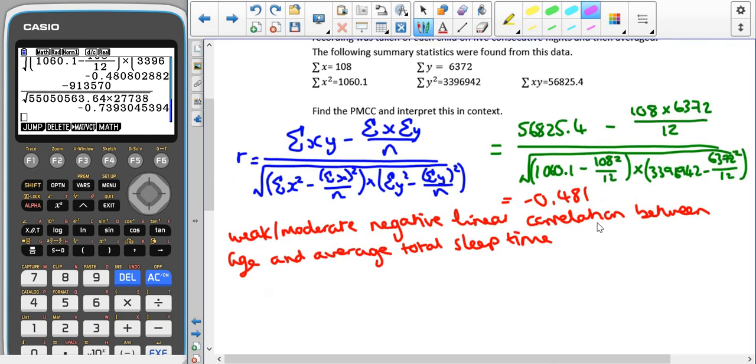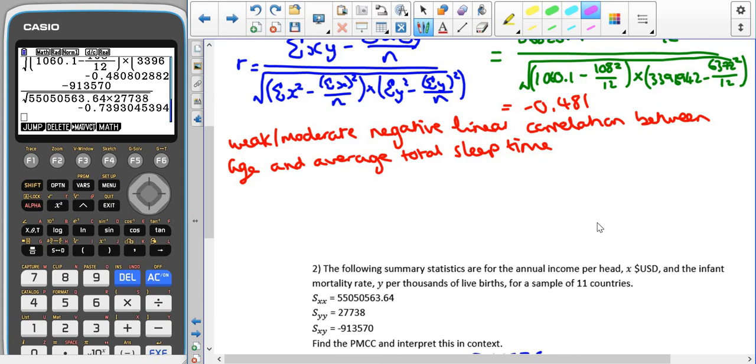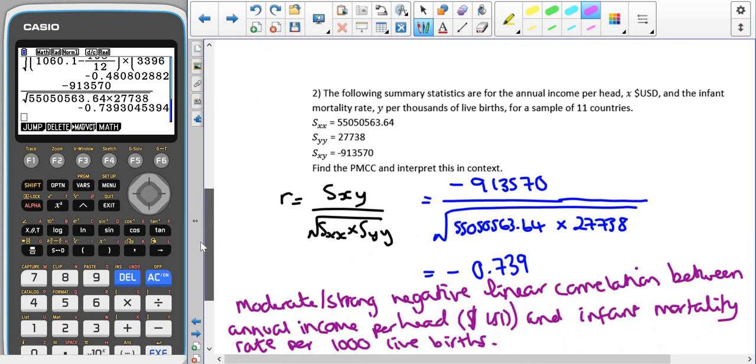And then for the second Now You Try question, we have the following summary statistics for the annual income per head, X in US dollars, and the infant mortality rate, Y per 1,000 live births, of a sample of 11 countries. However, this time we've been given the Sxx, Syy and Sxy summary statistics, so we're not actually going to have to use that 11 countries.